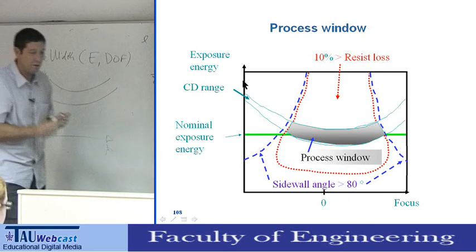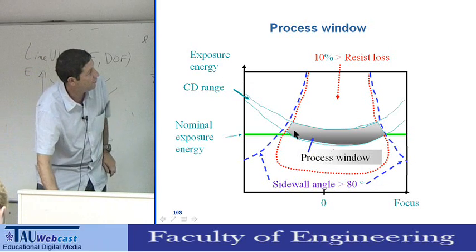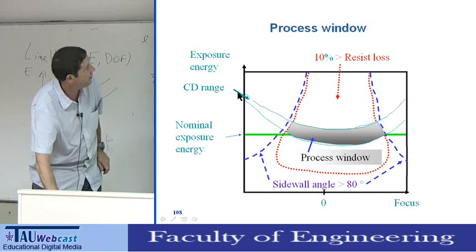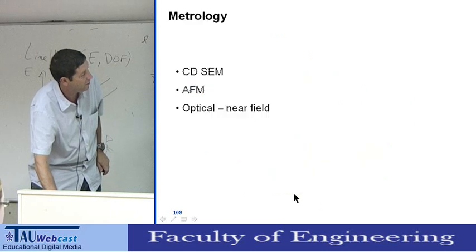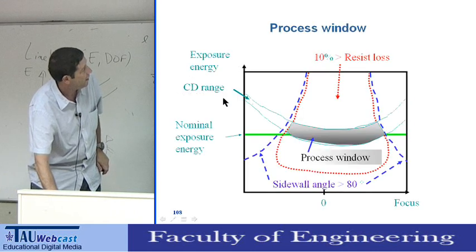And I can choose the best condition, for example, to be here. I want to be between, this is the CD range, and I would like to be in this region. So this is the process window. I allow myself to be, the focus depth can be between this region and this region. And the amount of energy can be, if you see this green light, around this region.